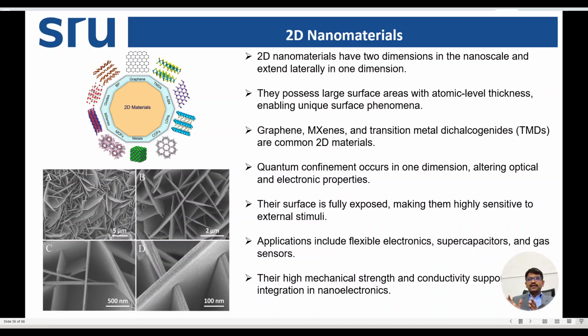For example, in zero-dimensional material, all the dimensions must be within nanoscale, within 100 nanometers. But in case of one-dimensional nanomaterial, one dimension must be beyond nanoscale, above 100 nanometers.